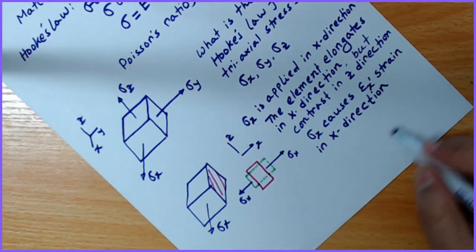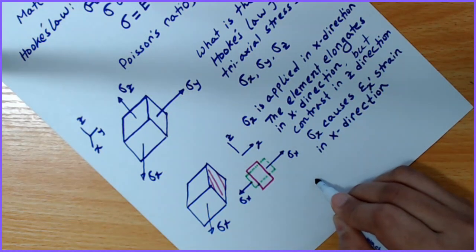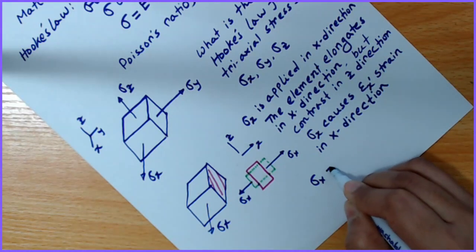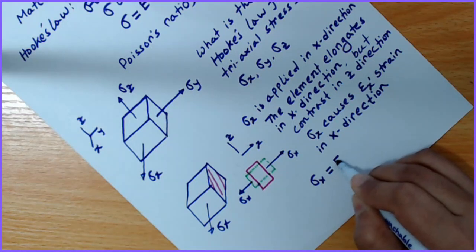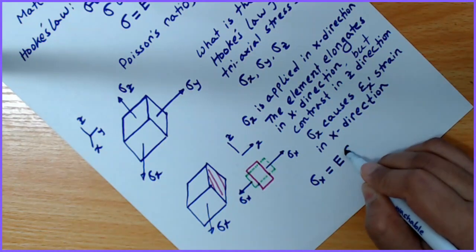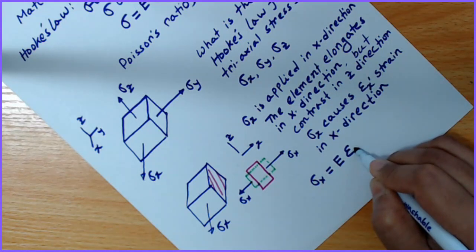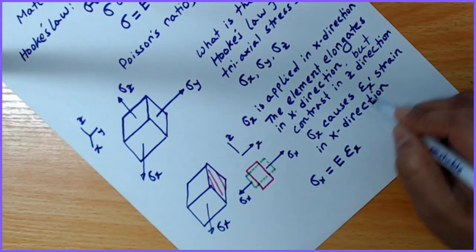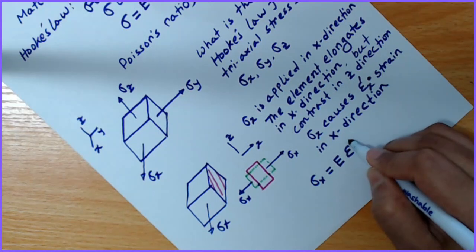So we can write Hooke's law: sigma x equals Young's modulus multiplied by epsilon prime x.